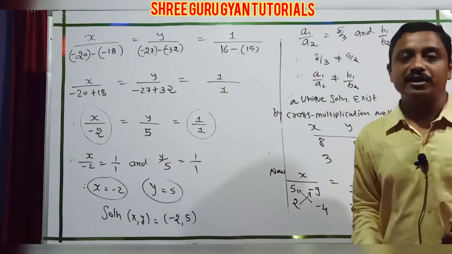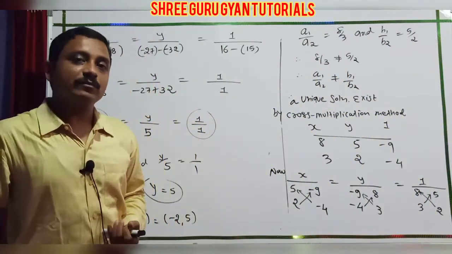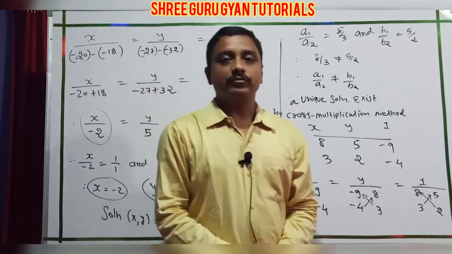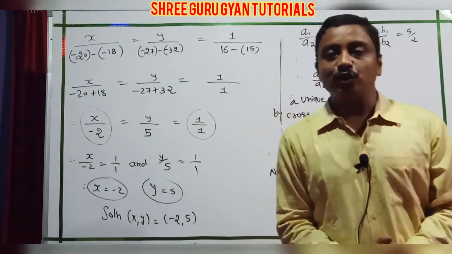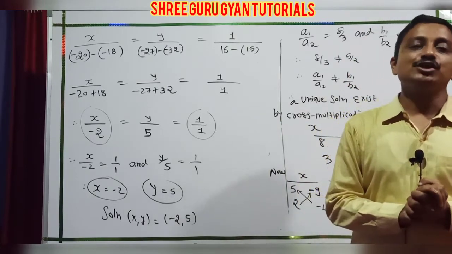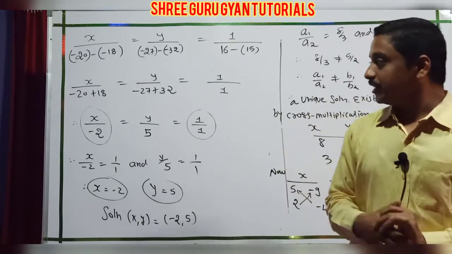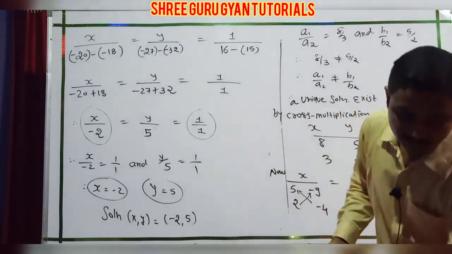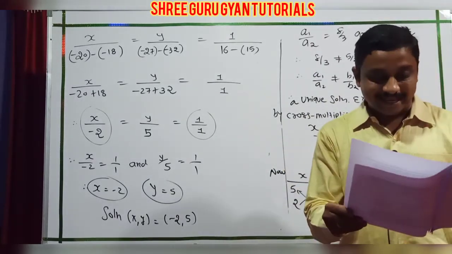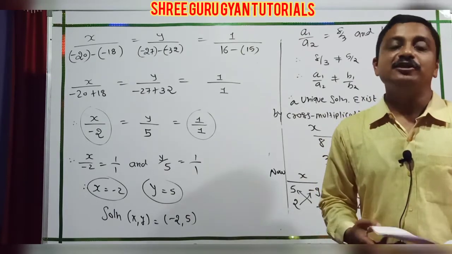The answer is the same, it is minus 2 comma 5. Indirectly, students, you can also calculate this numerical by the elimination method, which also gives the same answer. Now students, we are done with this exercise question number 1. Our second and third are also big numericals.